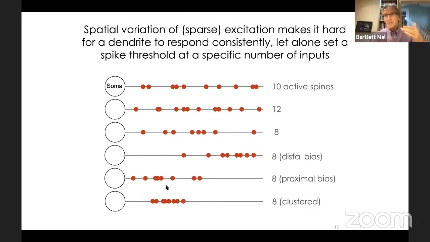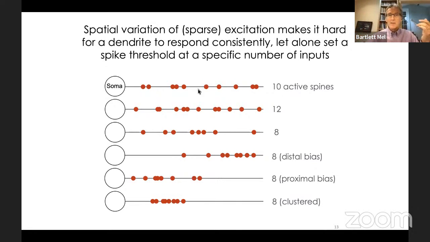And then there's another kind of variation too, which is that the synapses that happen to get activated on the dendrite could be sort of more diffuse, or they could be more clustered. And when synapses are more clustered, because of NMDA channels, they can deliver more NMDA current. And so you have a lot of continuous variation. This does not look like a unit that, when you hit it with these nominally the same kind of input over and over and over again, is going to generate either 0 or 1 outputs.